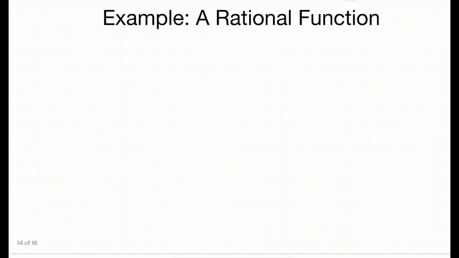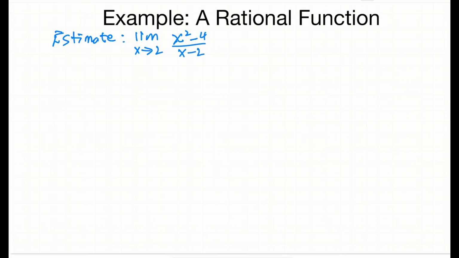Now let's look at a couple of examples. The first one, we want to estimate, and I say estimate because we're doing this numerically, the limit as x goes to 2 of the rational function x squared minus 4 over x minus 2.